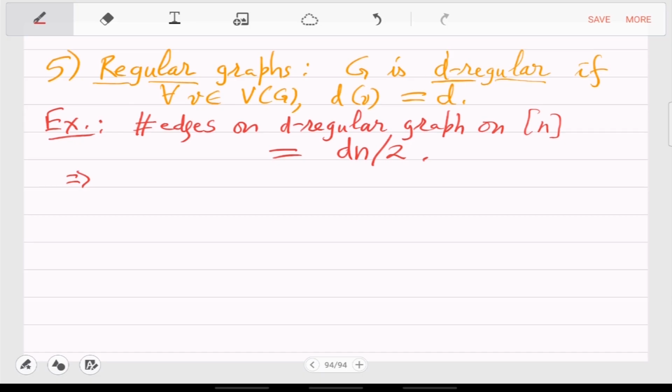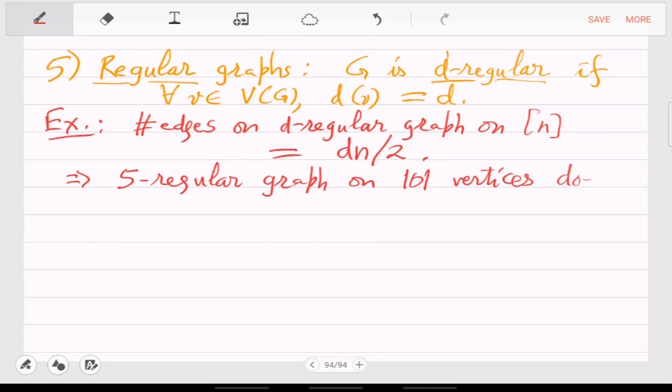Which is very strange when said in this way, that a 5-regular graph on 101 vertices doesn't exist. While on the other hand, a 5-regular graph on 100 vertices, will it exist? May or may not exist, right? Go home and draw it.